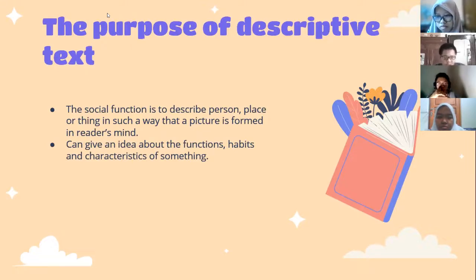So if you want to make a descriptive text, make sure you write it as clearly as possible. Then the descriptive text also can give you an idea about the function, habits, and characteristics of someone.